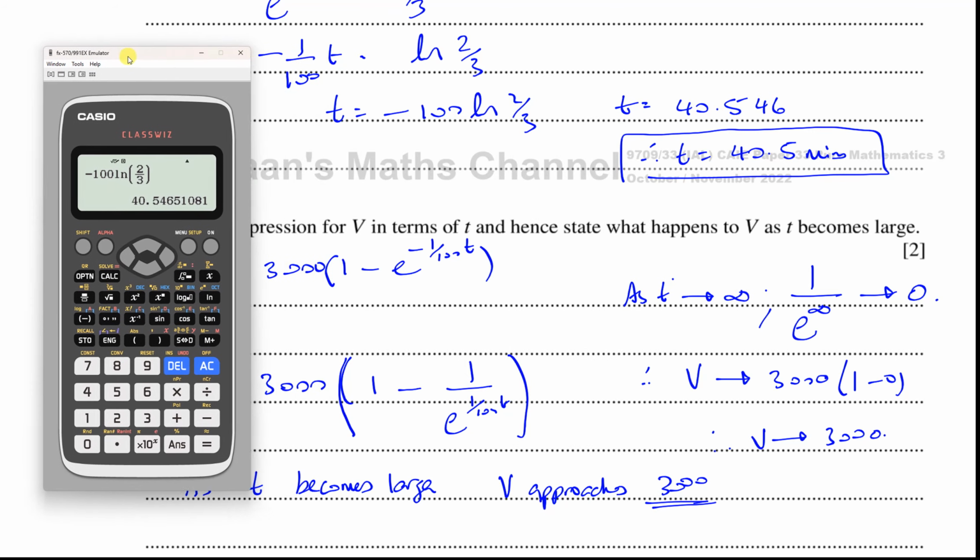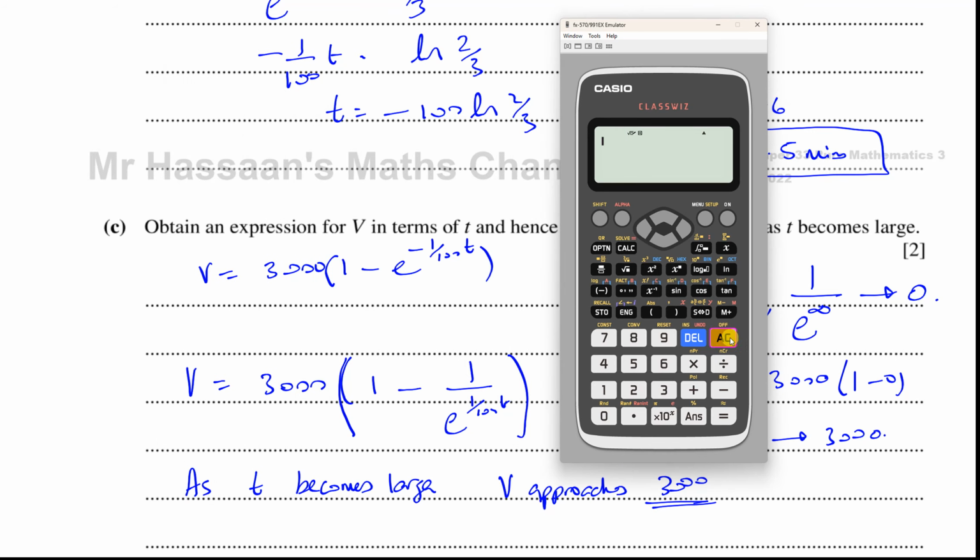I can put this equation into the calculator. So 3000, and I have 1 minus e to the power of minus 1 over, and what I'm going to do is put a very large number here.